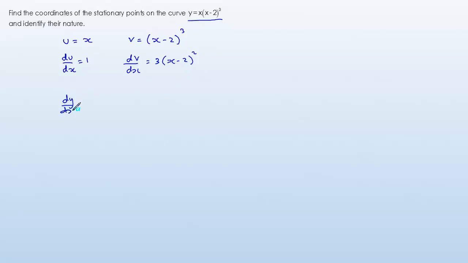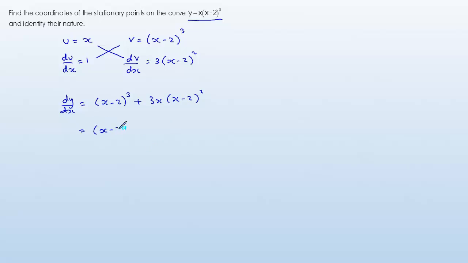So dy/dx is going to be v du/dx, so that's (x − 2)³, plus u dv/dx, so that's 3x(x − 2)².